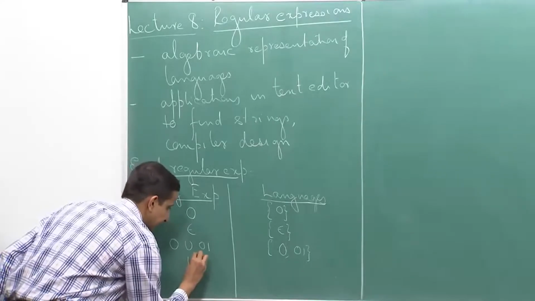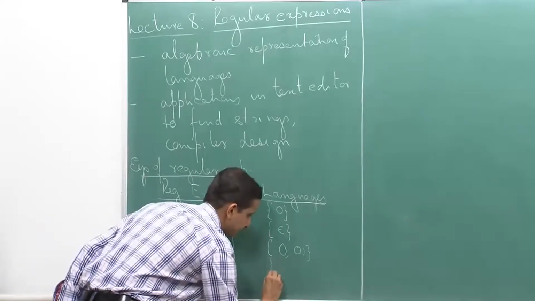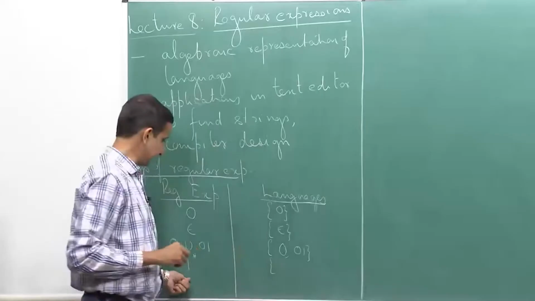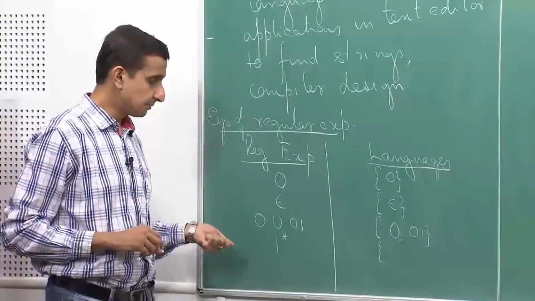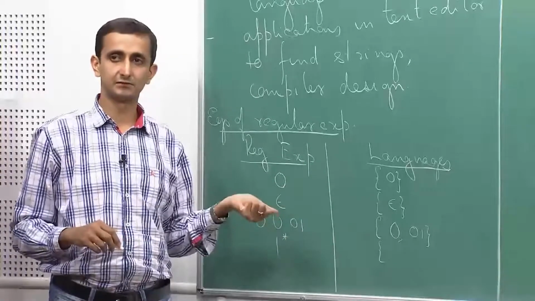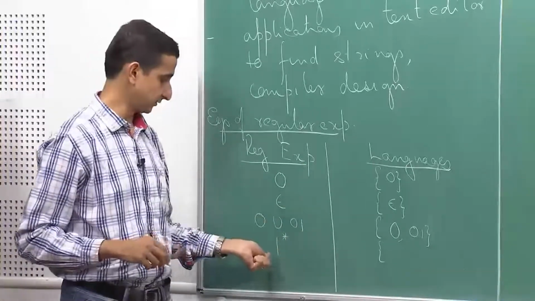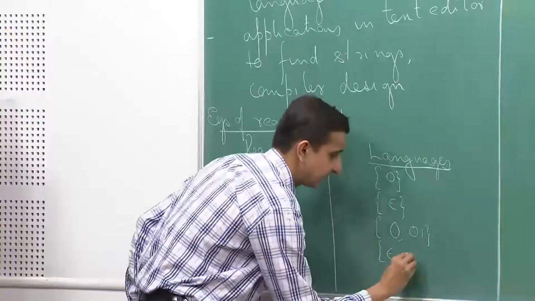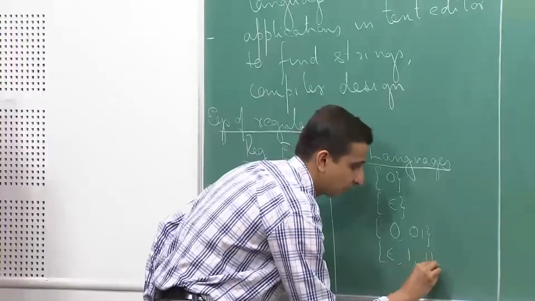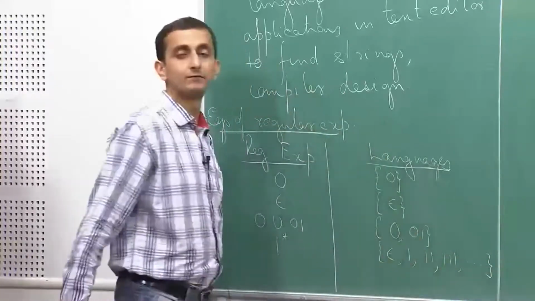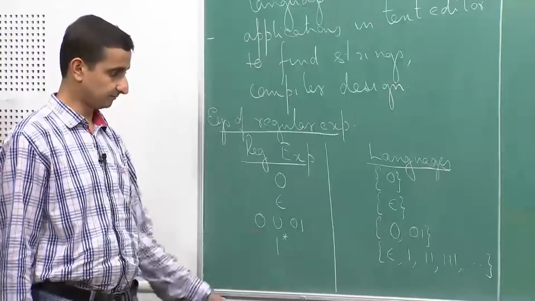So 1 star corresponds to the language which consists of all strings which have k occurrences of 1s, where k is greater than or equal to 0. If it is 0 occurrences, that gives the string epsilon. For a single occurrence, we have 1, then 1 1, then 1 1 1, and so on. So it is an infinite language.